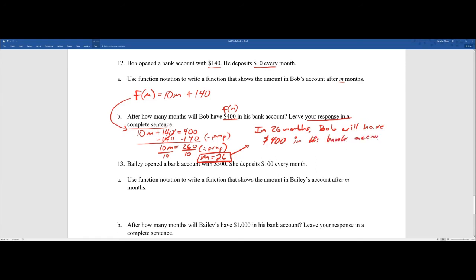Good old English. All right, don't ignore it. Words matter too. So in reality, this is the answer.